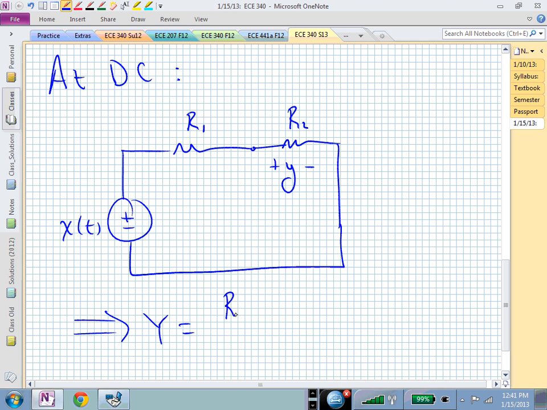Y is now R2 over R1 plus R2 times some constant input X. Depending on the ratio of these resistors at DC, if somebody gives you a constant X, that's what DC is, you know that Y is just some fraction of that. This is by the intuitive idea of how these energy storage elements simplify at this extreme frequency.